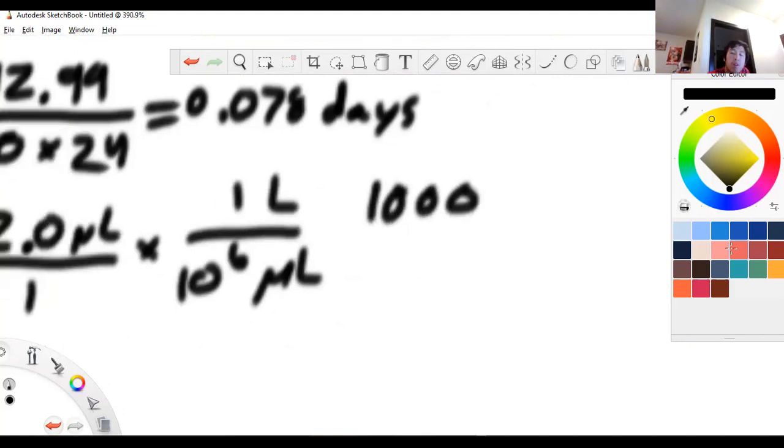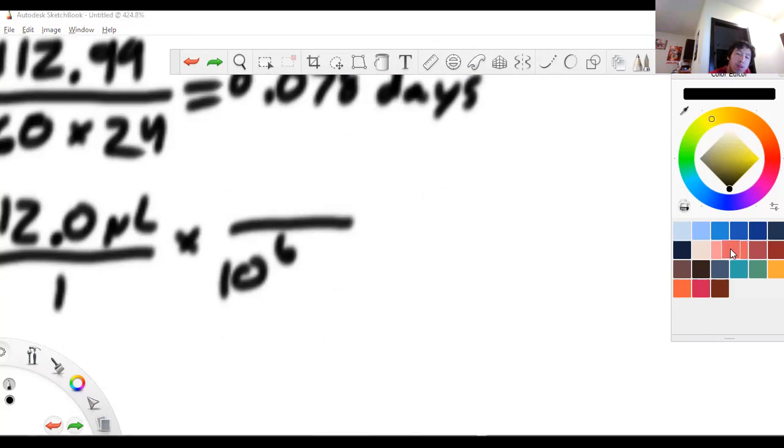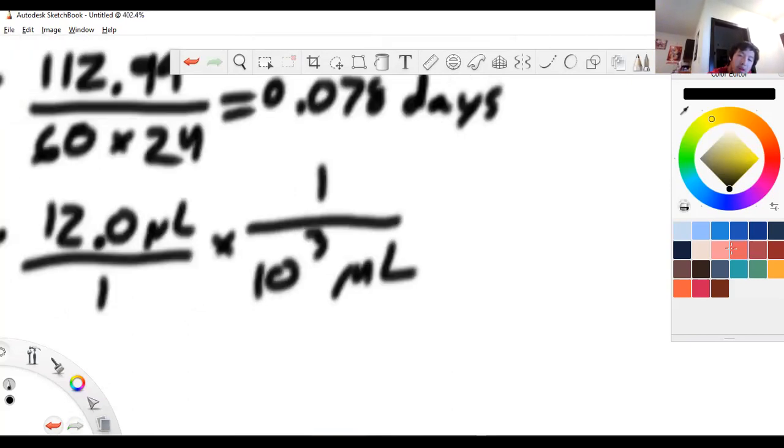Now, from here, we can already see that we have the 10 to the 6th, the 1,000, that's 10 to the 3rd. We can easily switch this out. Switches 10 to the 3rd microliters to 1 cubic centimeter.